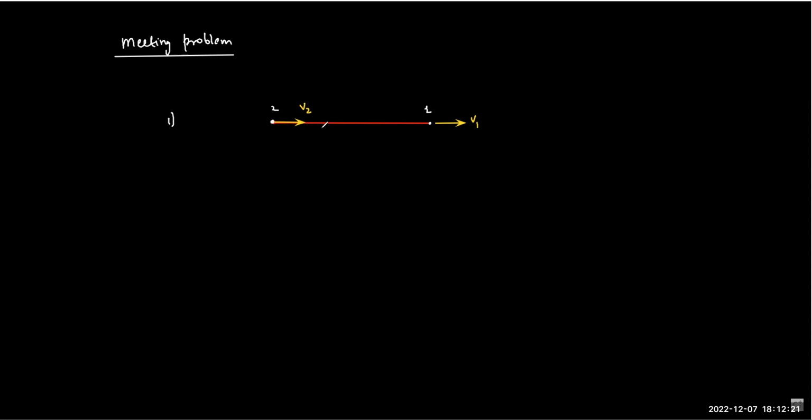At the instant when you see this situation, the separation between them is, let's call it, d. A very simple question: find the time after which they will meet. That's a pretty simple question, right?